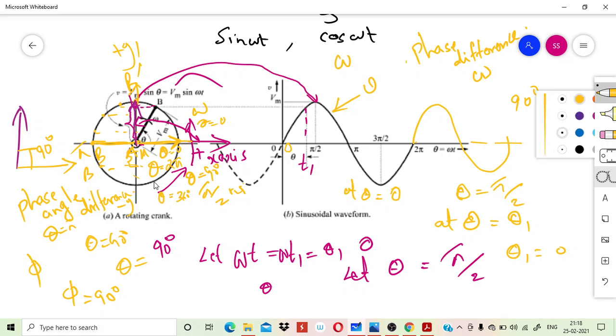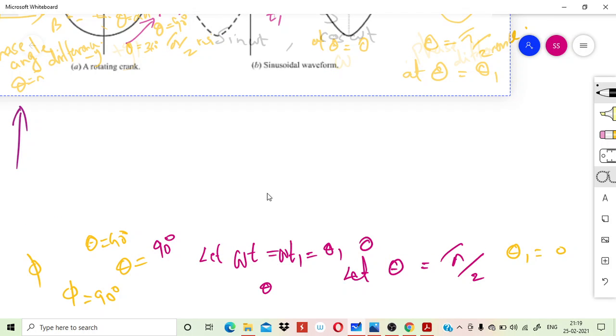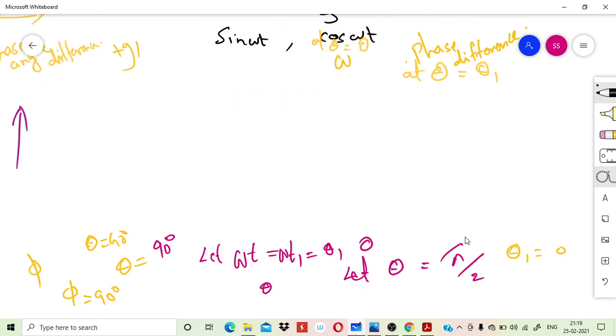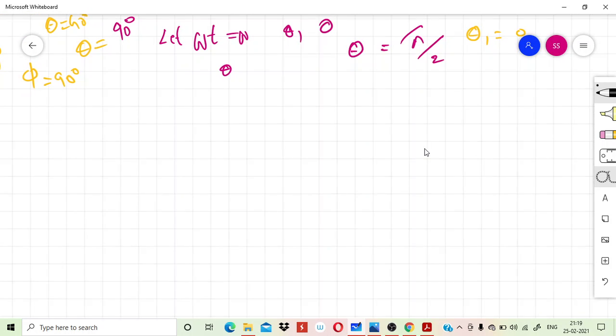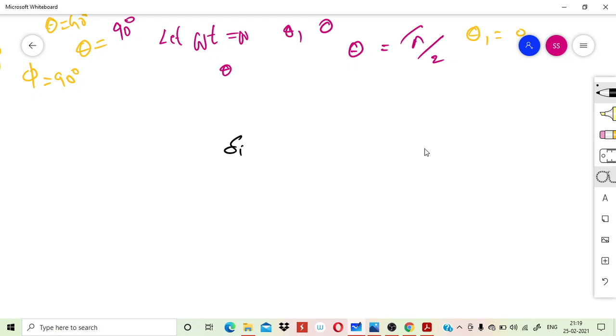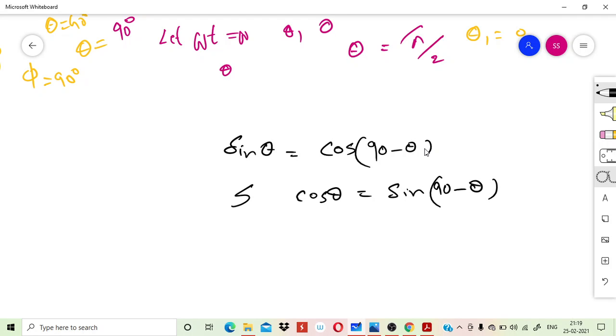In maths I know sine theta equals cos of 90 minus theta, or cos theta is equal to sine of 90 minus theta. This is my relation in mathematics.